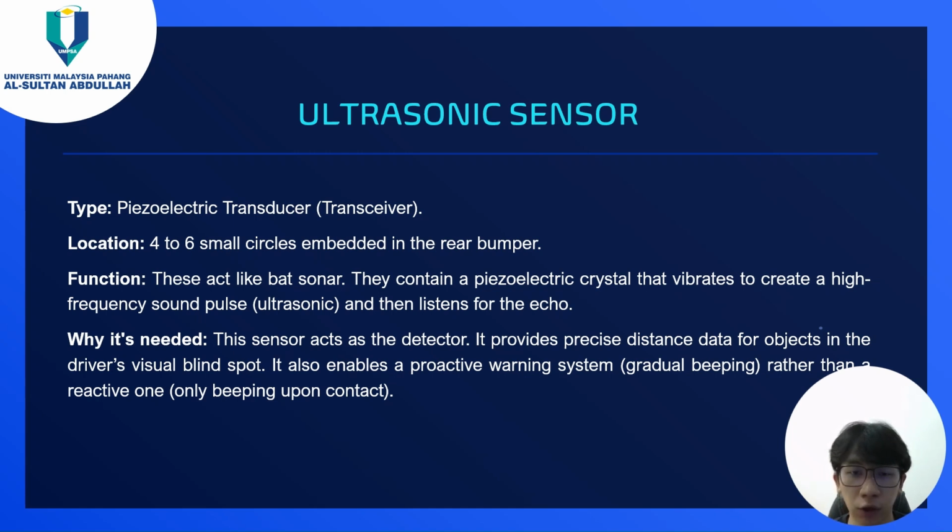The gradual beeping function is to warn the driver that the car is approaching a certain object or place that it will make contact with. It alerts the driver and also assists the driver in parking better.